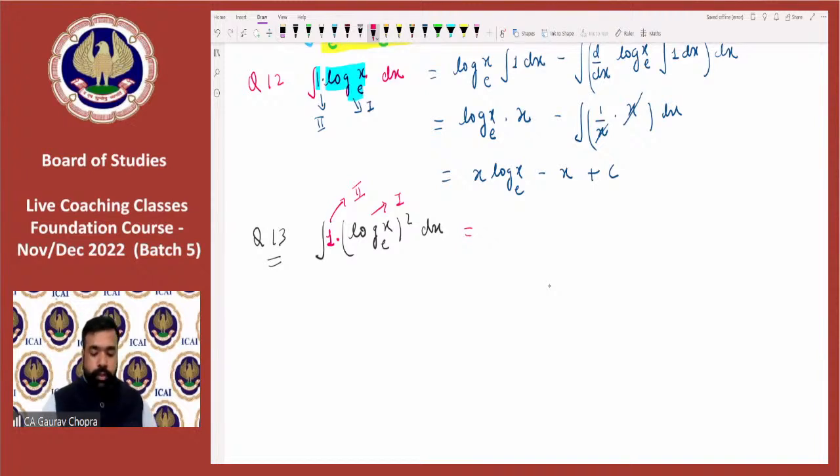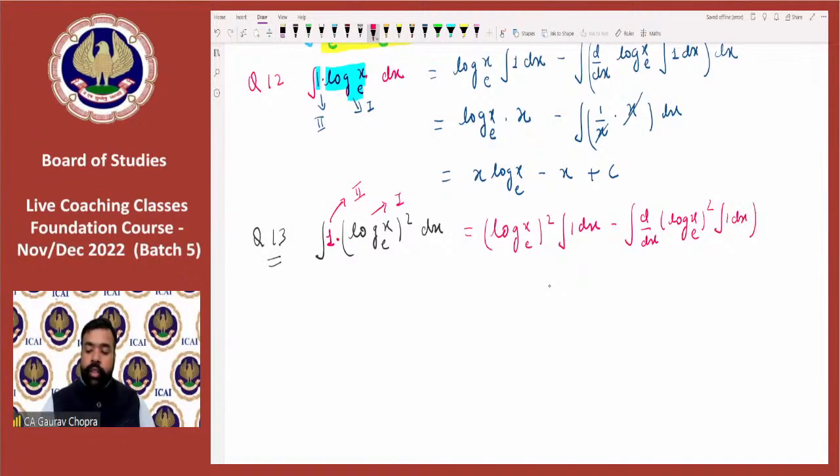Apply the rule first. So log of x base e whole square, integral of 1 dx, minus integral of d by dx log of x base e whole square, integral of 1 dx.